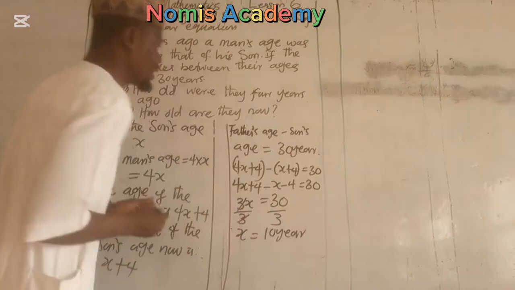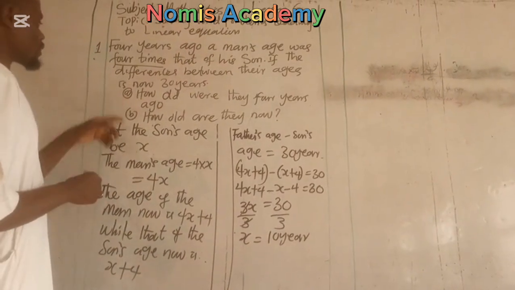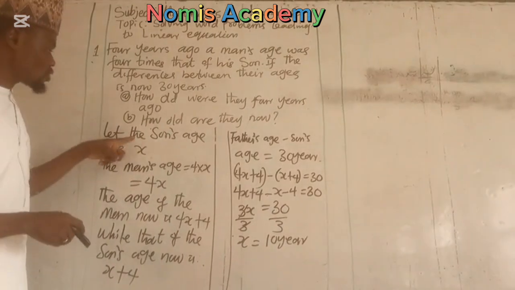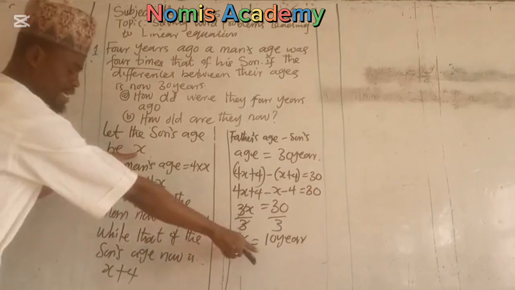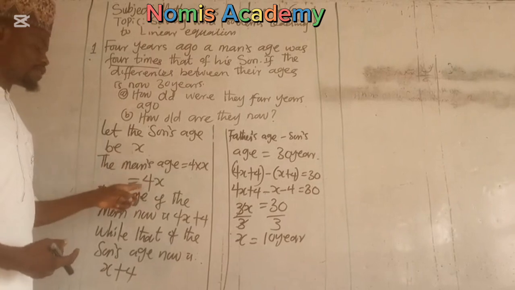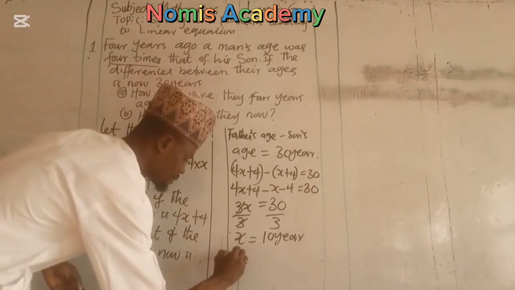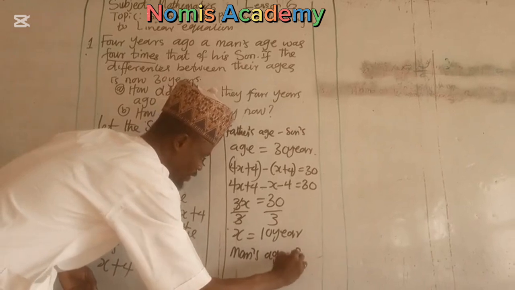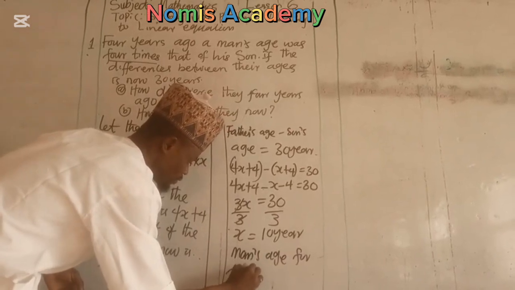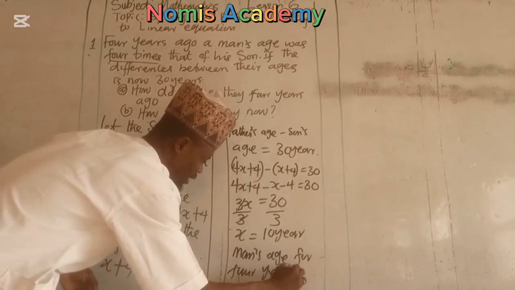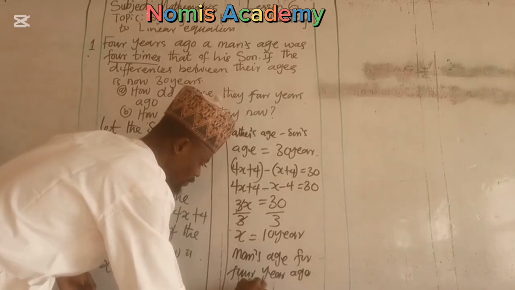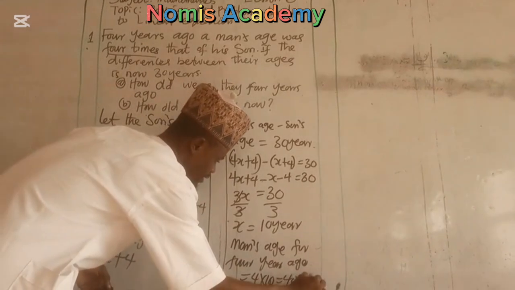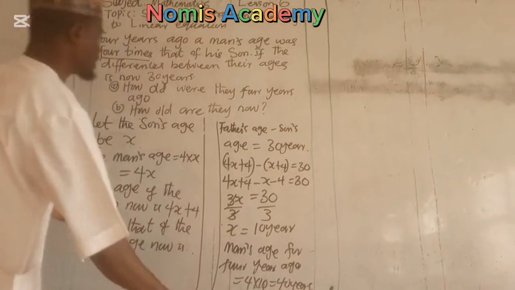Now we come back again. The question says, how old were they 4 years ago? The son's age 4 years ago is S, which is 10 years already. While the man's age is 4S, which means the man's age 4 years ago is equal to 4 times 10, which is equal to 40 years.